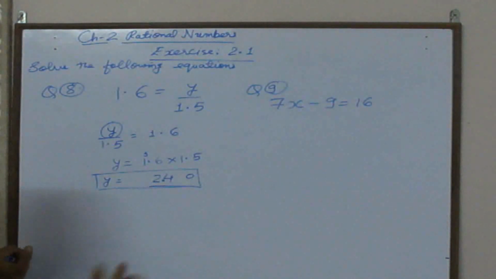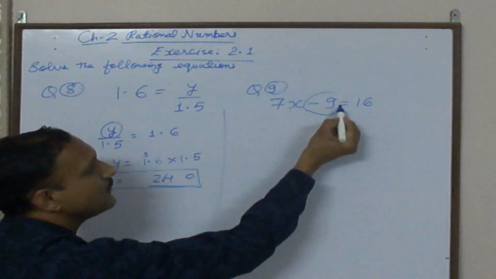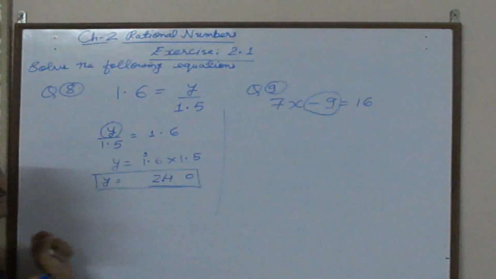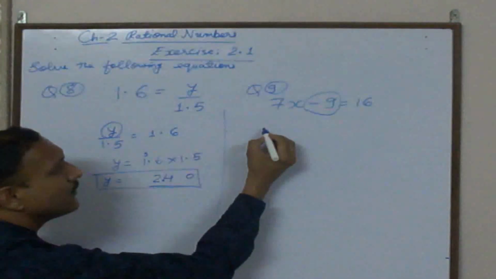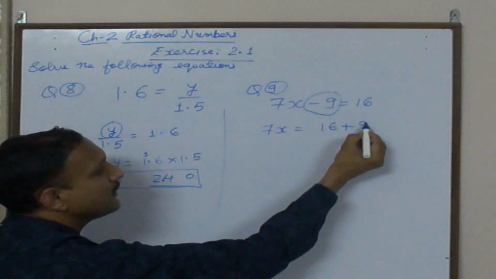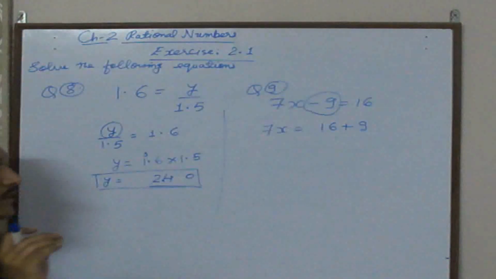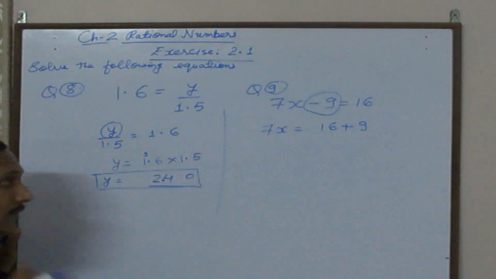Now let us do question number 9. Here minus 9 is there. First of all, we have to manage this minus 9. We have to transpose this minus 9 to the other side of the equation. So 7x equals 16 plus 9. We have to change the side of the 9, and while changing the side, we have to change its sign also. So minus 9 becomes plus 9.